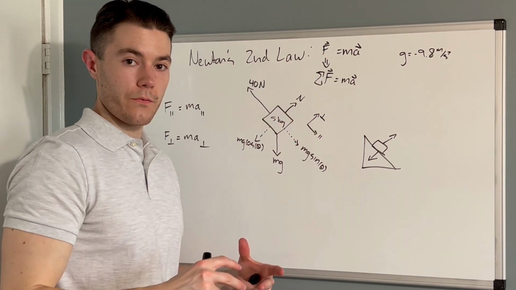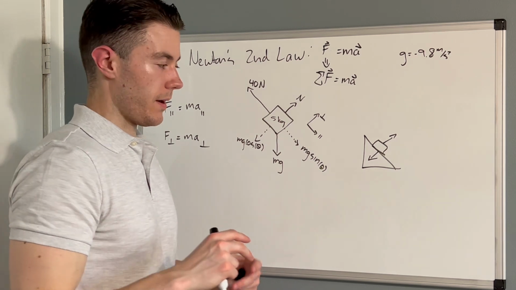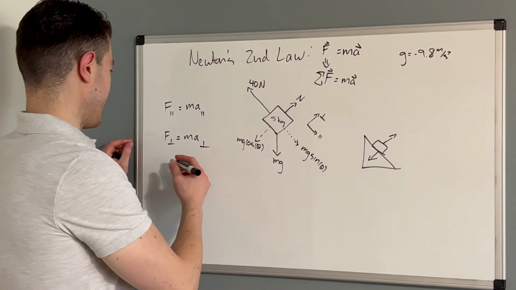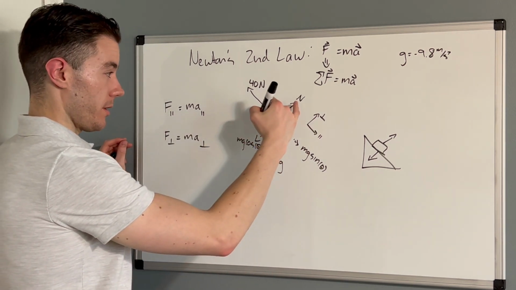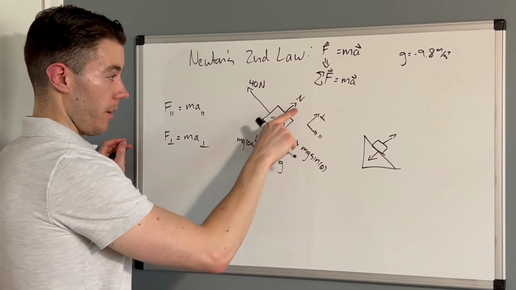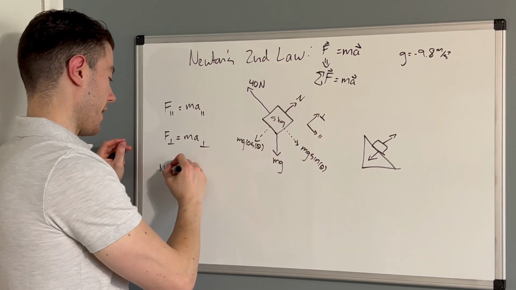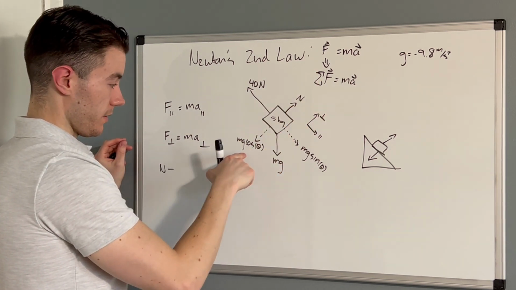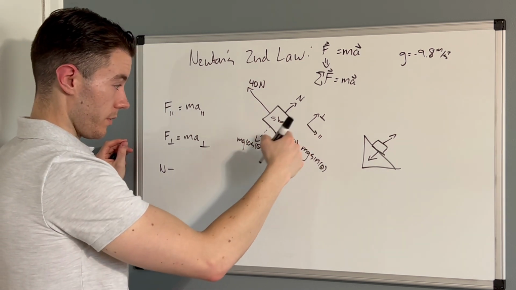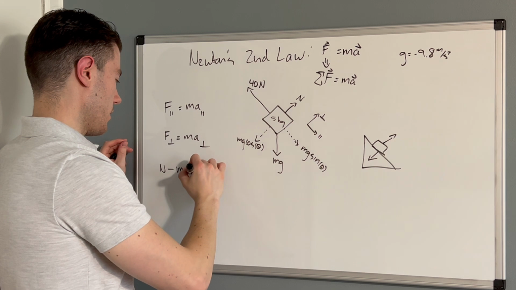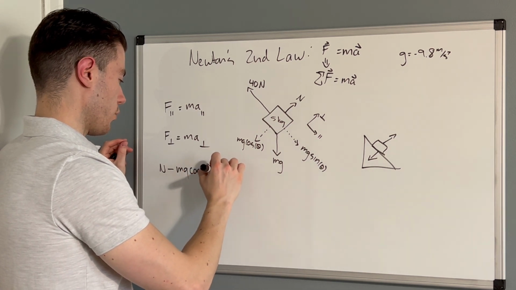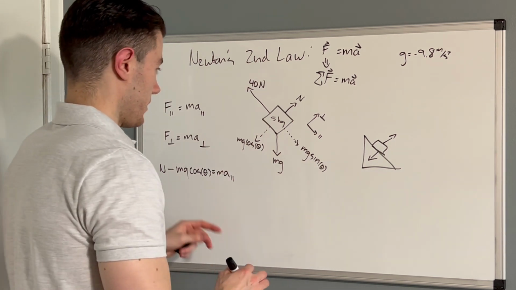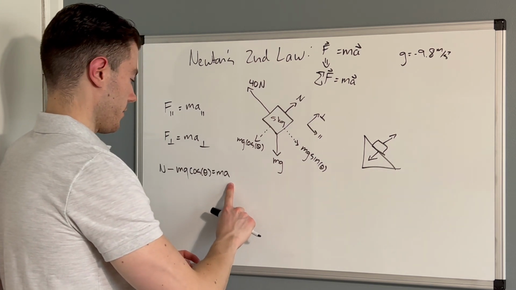You have to consider all the forces acting in a certain dimension on that body to find the real acceleration. So in the perpendicular dimension, and remember, up is positive, we have the normal force minus mg cosine theta, because that's what we defined early on, equals ma perpendicular.